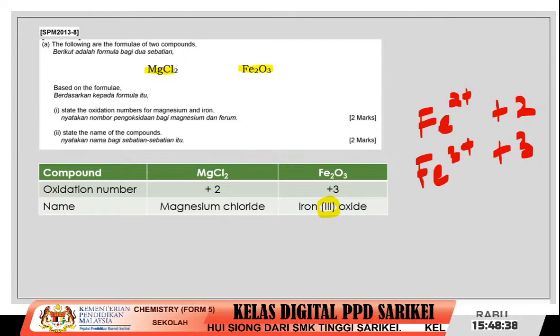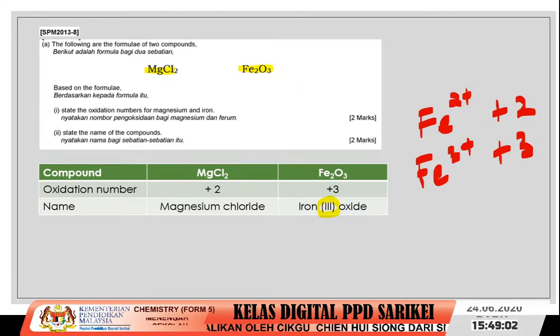So iron may show different oxidation numbers. It can have positive 2 or positive 3, depending on the charges on the ions. So we need to include a Roman number in a bracket to indicate the oxidation number of the ion in this compound.